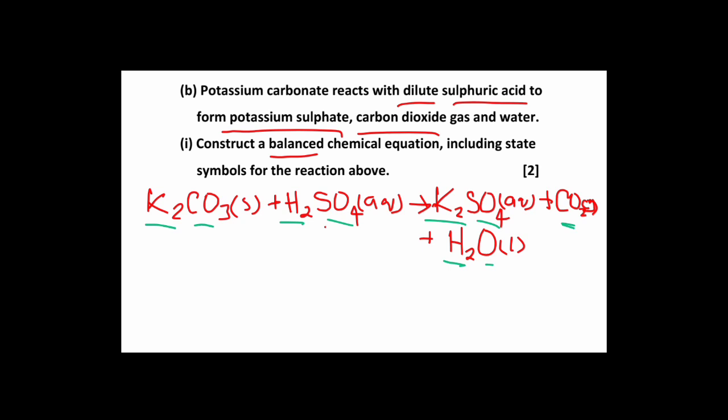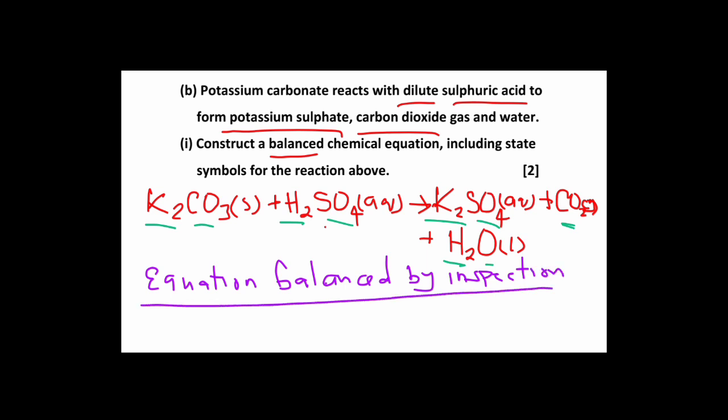So now you are going to say equation balanced by inspection. Here you are going to have your mark. You are also going to have your mark there. Very important.